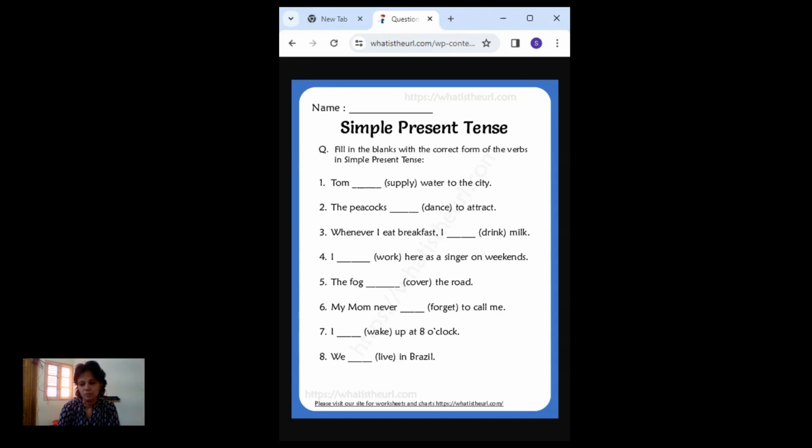We use simple present tense when we talk about the habits and actions that we usually do in our day-to-day life activities. That is where we use simple present tense.